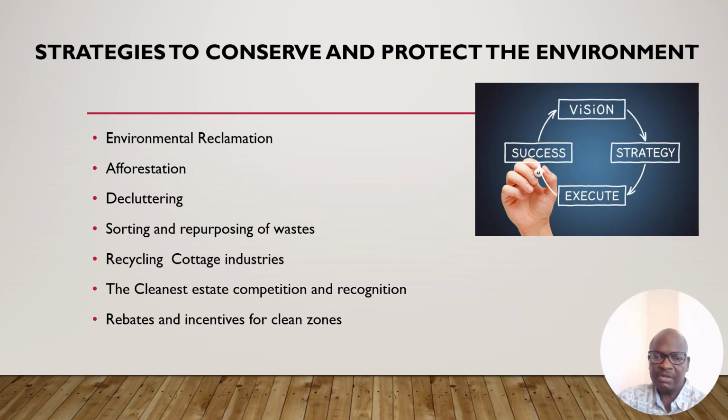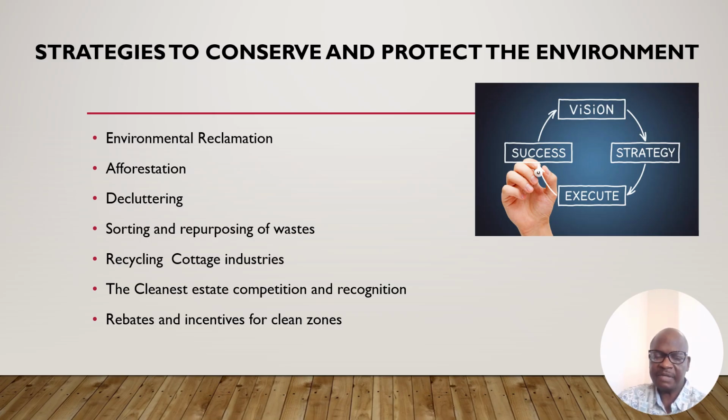The goal of our talk today is to have a vision of a clean and unpolluted environment. We need strategy, and we need to execute this particular strategy for us to have a success of our vision. We can do this by having environmental reclamation, where environment that has been destroyed by waste is reclaimed.